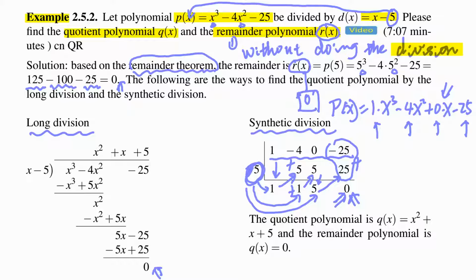Then what's the quotient? The degree was 3 for p of x.